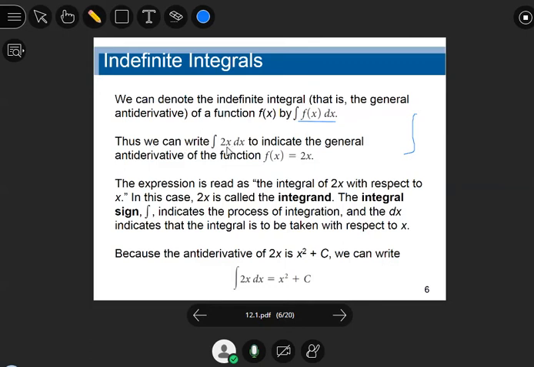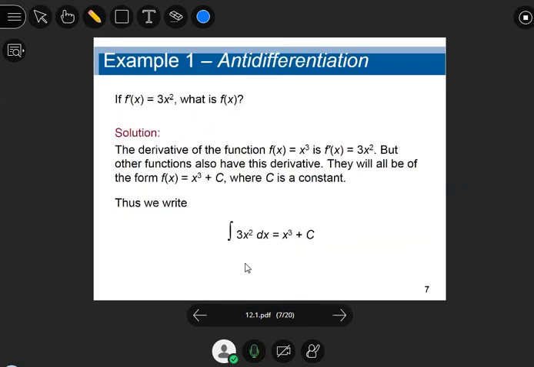So here is some example. Integrate 2x with respect to x. If we integrate 2x with respect to x, the answer is x squared plus c. From the previous problem we know it. Now, if f prime of x is 3x squared, what is our original function f(x)? For this we also need to integrate f prime of x.